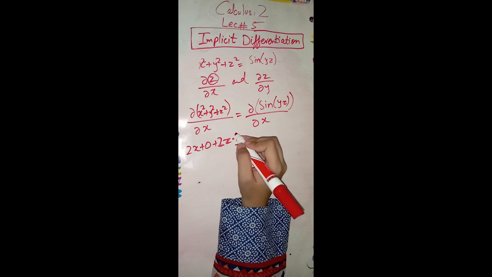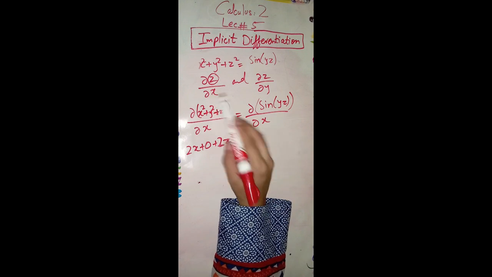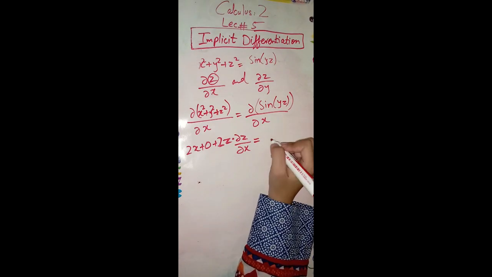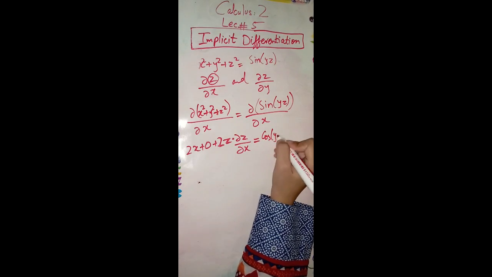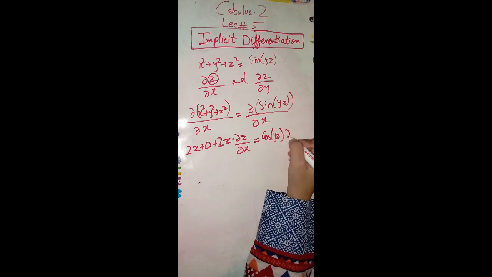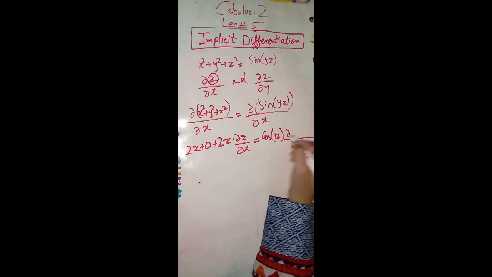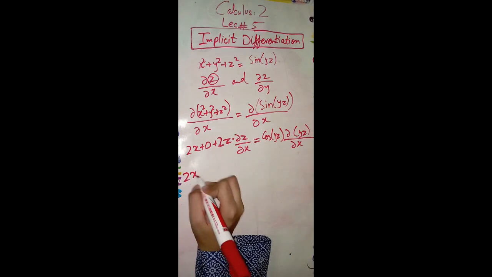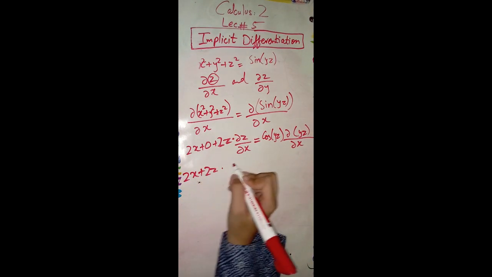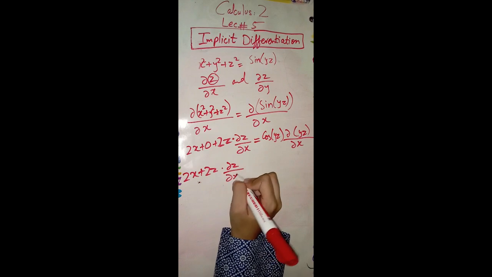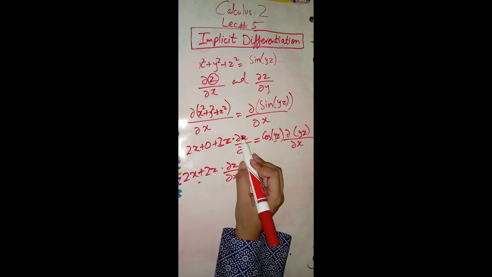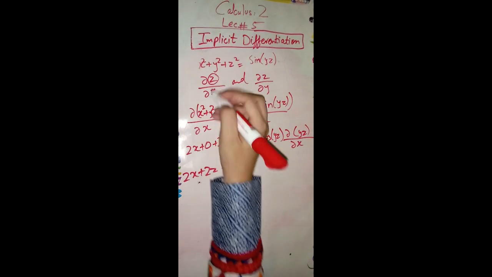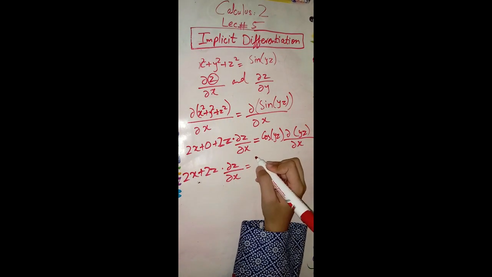This is the value we have to find. It will be equal to the derivative of sine, which is cos of yz, times partial by partial of x of yz. Now we have 2x plus 2z partial of z by partial of x. You don't have to write it equal to 0, because we have to find the partial of z by partial of x.